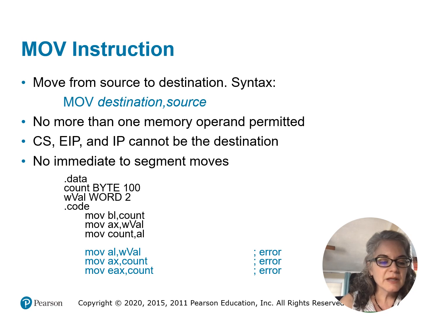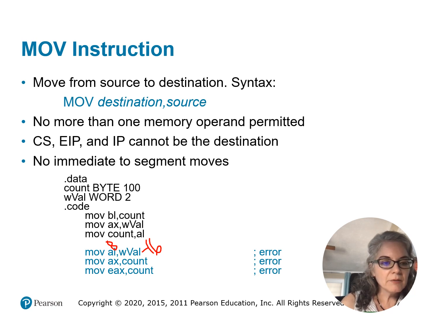This one's going to give us an error because WVal is a word, which is 16 bits, and this is 8 bits. So the data size is not going to match, and it's going to give you that error before it assembles the entire program.